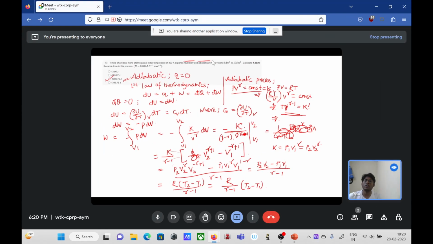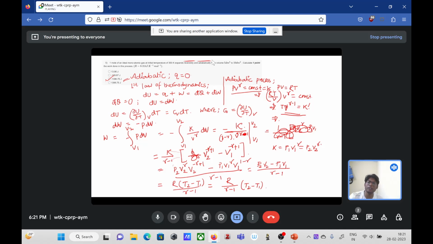In the first thing, what we have done is we first made the premise of what this adiabatic process means. This process means that the net heat exchange with the system is 0, so Q is equal to 0.